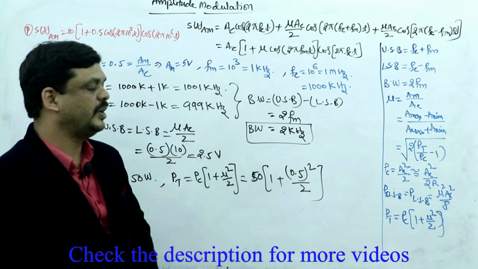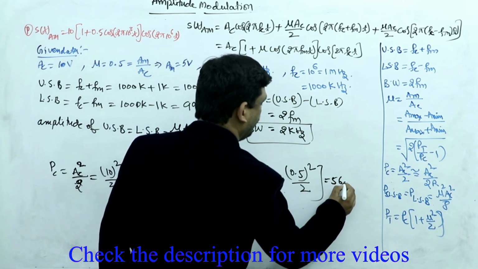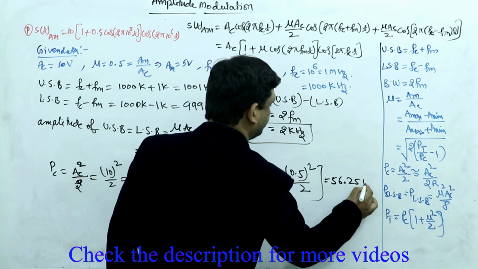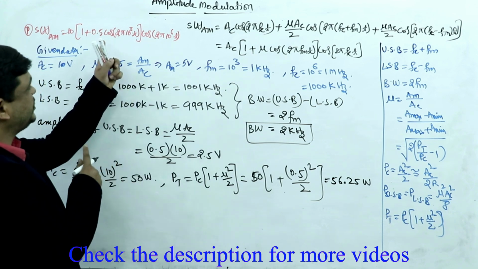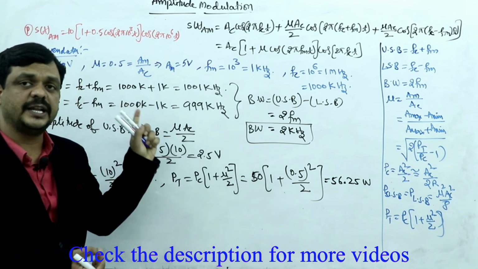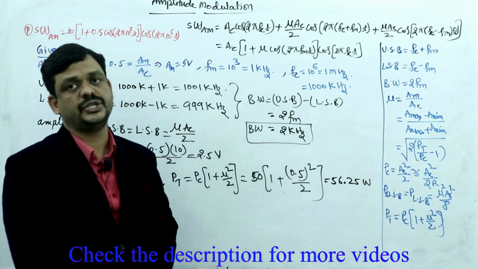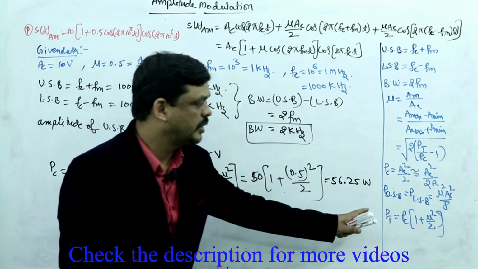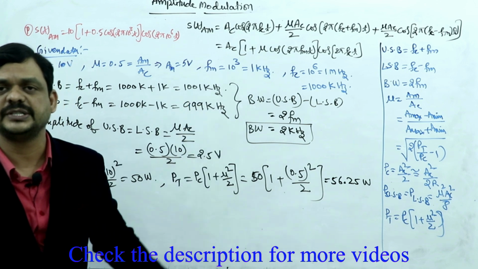Then 1.125 into 50 becomes 56.25. Approximately I am writing now 56.25 watts. To transmit this AM modulated signal, the antenna requires how much power? 56.25 watts. So total power, carrier power, modulation index, bandwidth, and upper sideband, lower sideband.